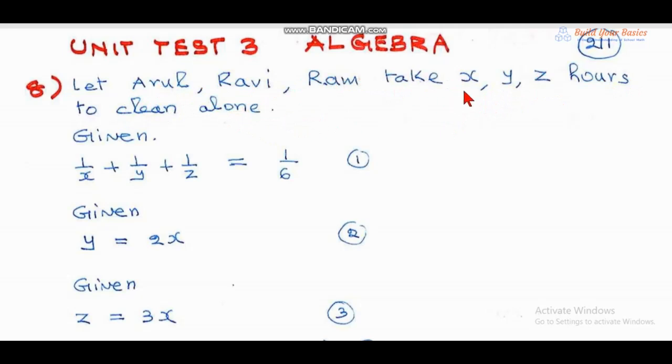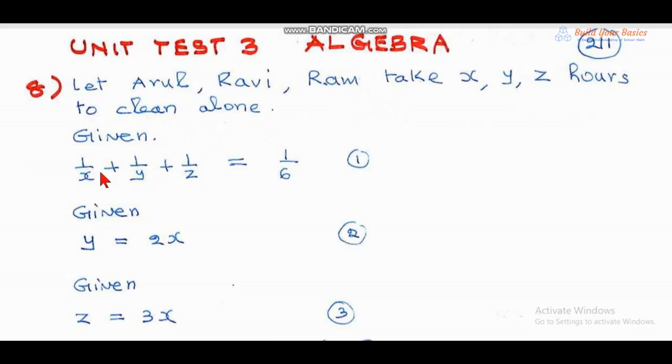So Arul takes x hours, Ravi takes y hours, and Ram takes z hours to clean the store if they are working separately. So Arul takes x hours, so in 1 hour he will be doing 1 by x work. Similarly for Ravi, in 1 hour 1 by y work, and Ram 1 by z work.